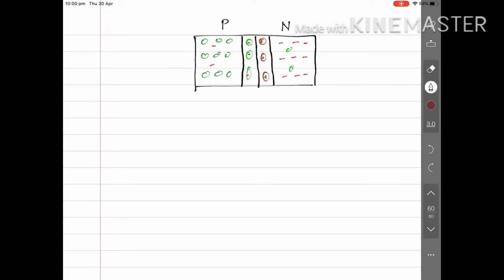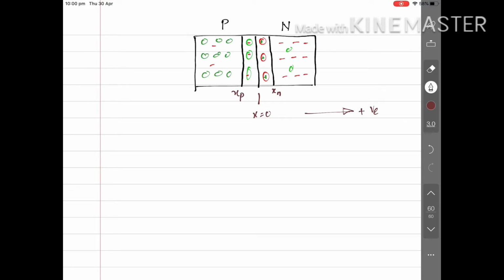Okay, so let me consider this PN junction. The middle of the junction is x equal to 0, and this direction I am considering as the positive direction. So towards the N side, let me denote the edge of the depletion region as xn, and towards the P side the edge of the depletion region is xp.